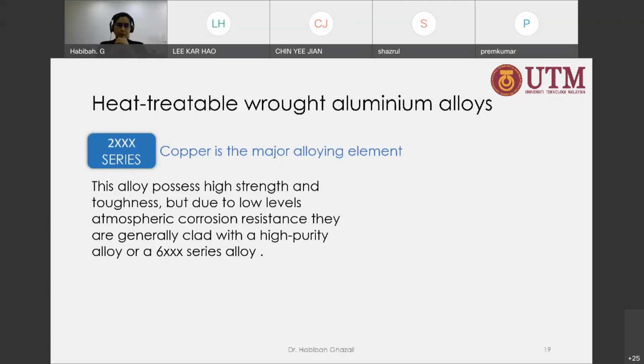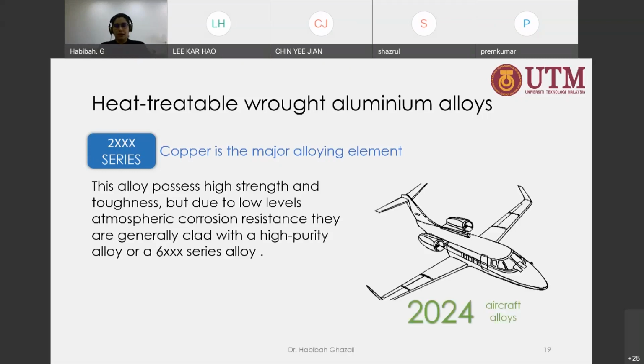So that's what happened here. Because of that, normally they will be layered with the other type of aluminum alloy, which is the 6000 series. And some of the major applications of this alloy is as the aircraft alloy. They've been used for the body of aircraft.